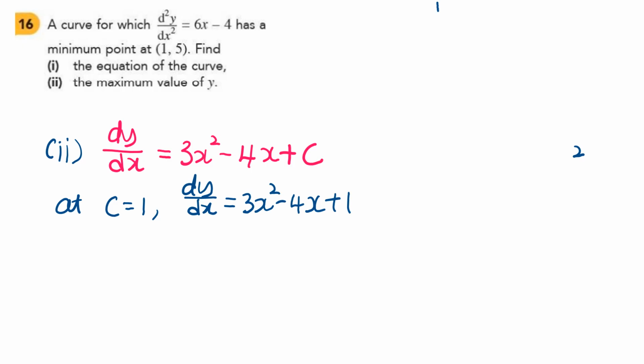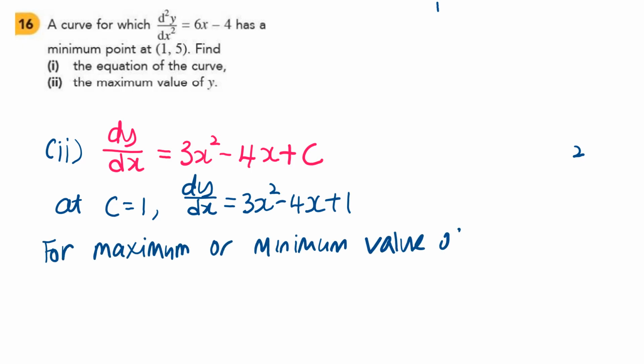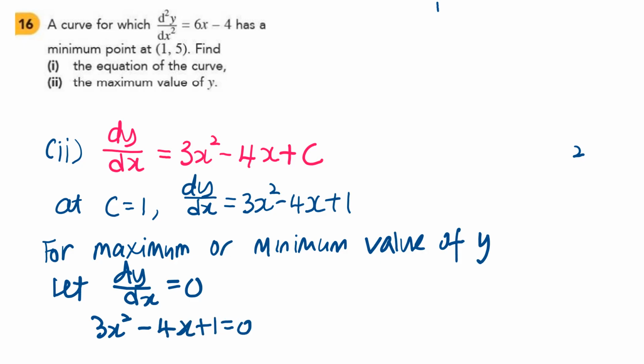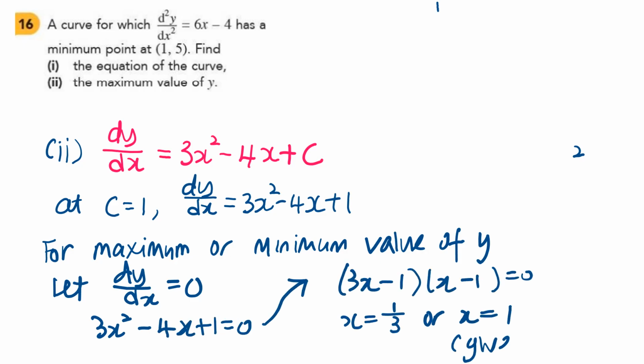All right, so to find maximum or minimum value, what do we do? Yes, we let dy over dx equal 0, right? That's the concept. And then you factorize your 3x squared minus 4x plus 1. You get 2 points. One of them is the one that's given to us, remember? We are given that x equals 1, (1,5), is the minimum point.